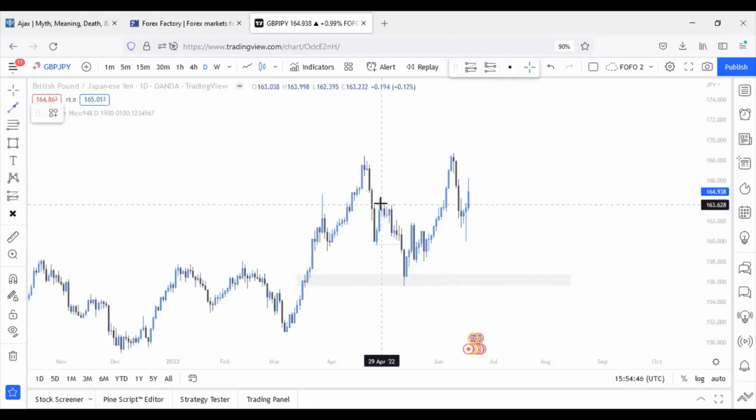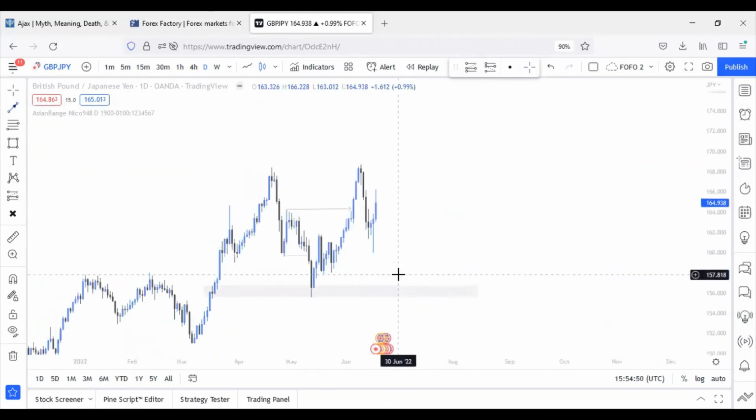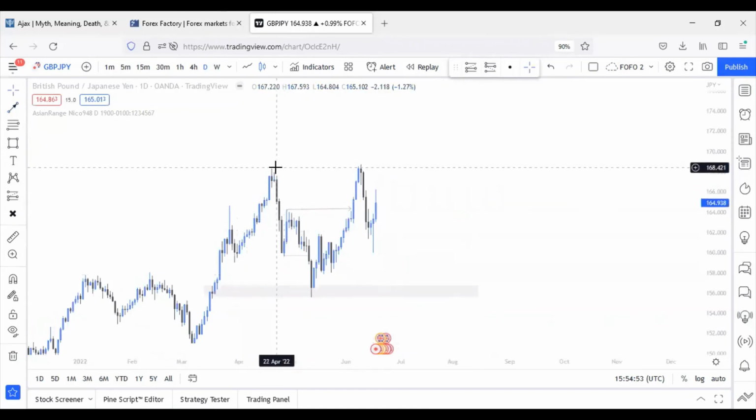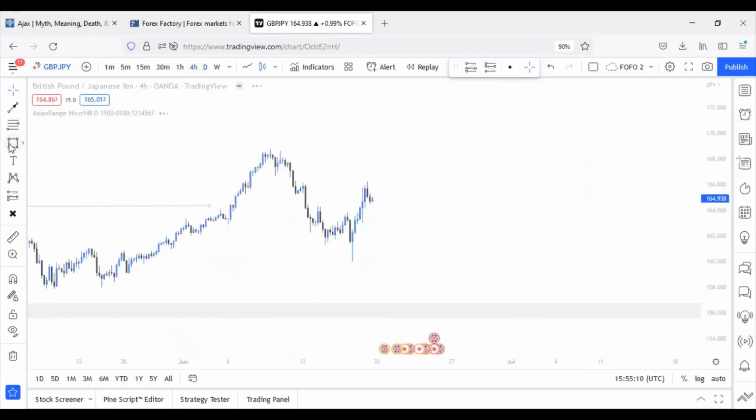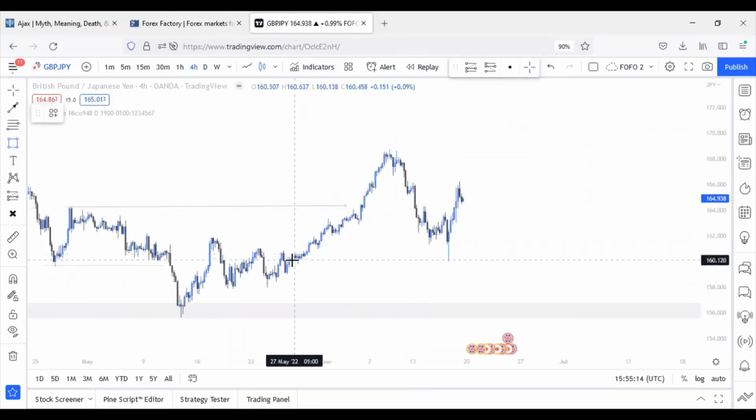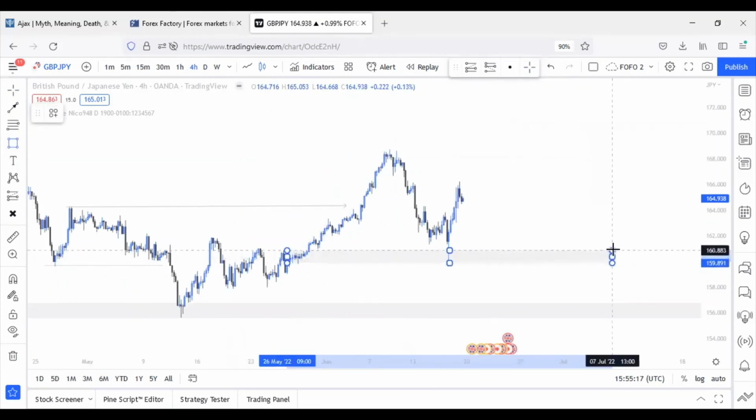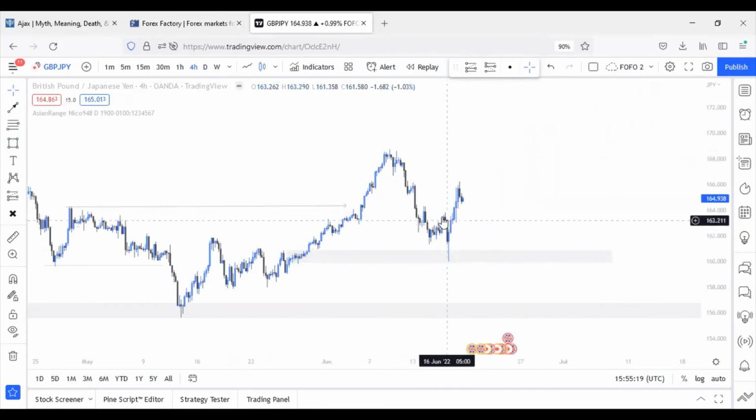So we've seen a change of character here. And I wouldn't say a break of structure just yet because price didn't finish. The candle didn't close above this high, so I wouldn't attribute this. Yeah, so we've seen a change of character, and again, we've seen price sweep all of this liquidity, and we've seen price basically tap into this demand zone right here, and we've seen another change of character.